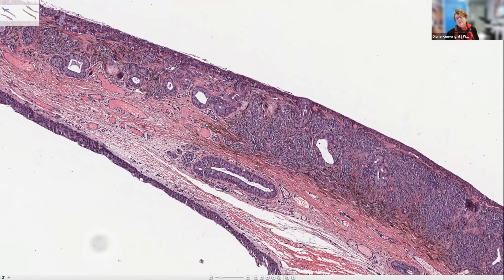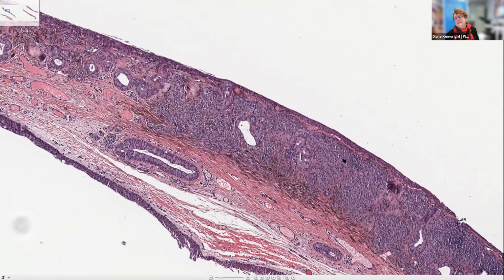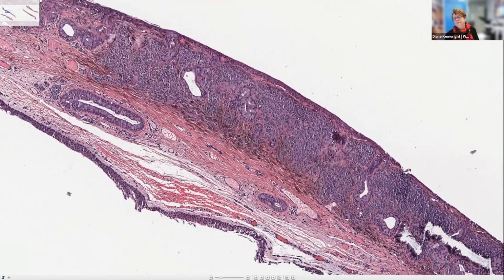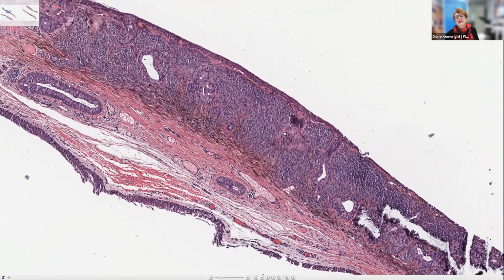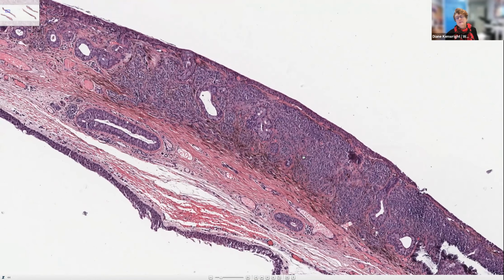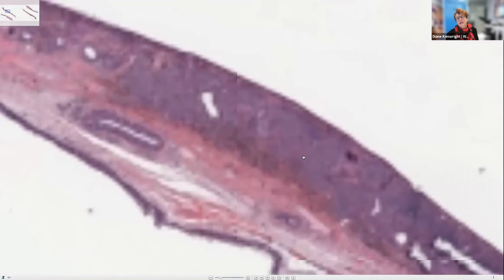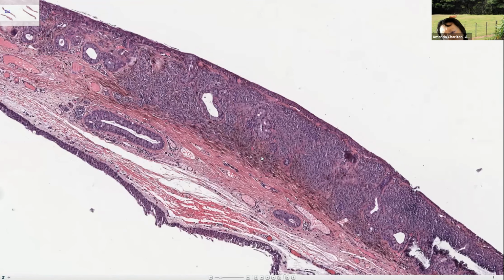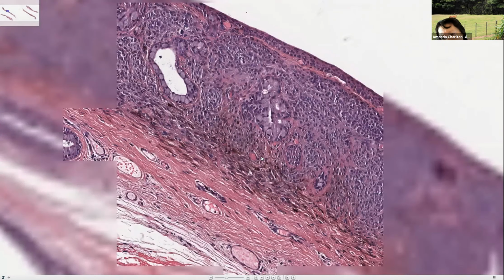And then we've got cells here in the stroma. What kind of cells are they? They are pigmented cells, so I'm thinking that they're melanocytes because they've got quite a lot of pigment with them. They don't look that pigmented to me, they just look blue. How do you know they're pigmented?